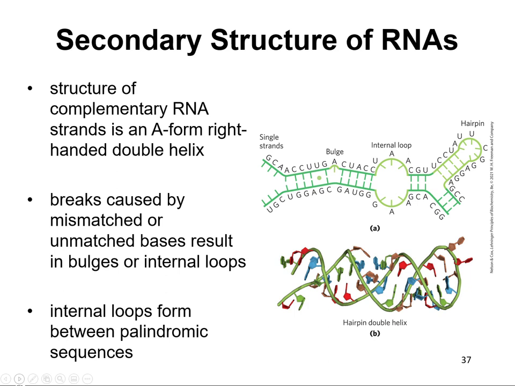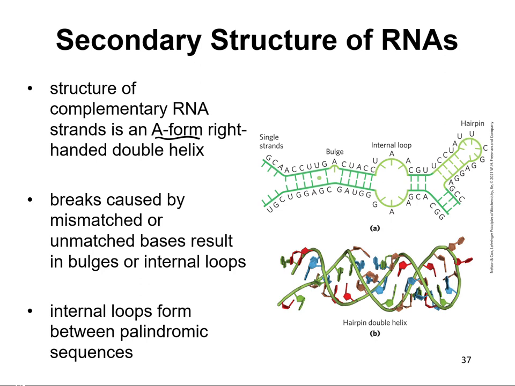Secondary structure of RNA can get pretty wild. The structure of two strands of RNA that are complementary is actually the A form. Okay, so DNA, B form, RNA, A form, right-handed double helix. There can be breaks in the structure that are caused by mismatches or unmatched bases, and that can result in bulges and loops and all kinds of things.